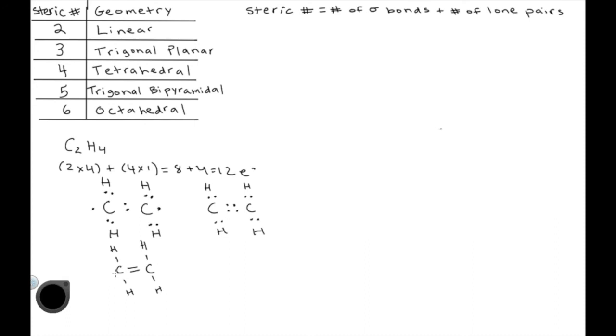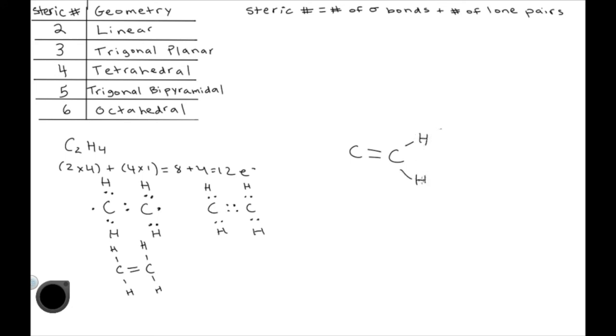Right, and because it's trigonal planar, the bonding pairs around each carbon will orient themselves in a way such that there is 120 degrees of distance between each bond, right? So the ethylene molecule is going to orient itself in this way. Right, here's our double bond, here's 1 hydrogen bond.